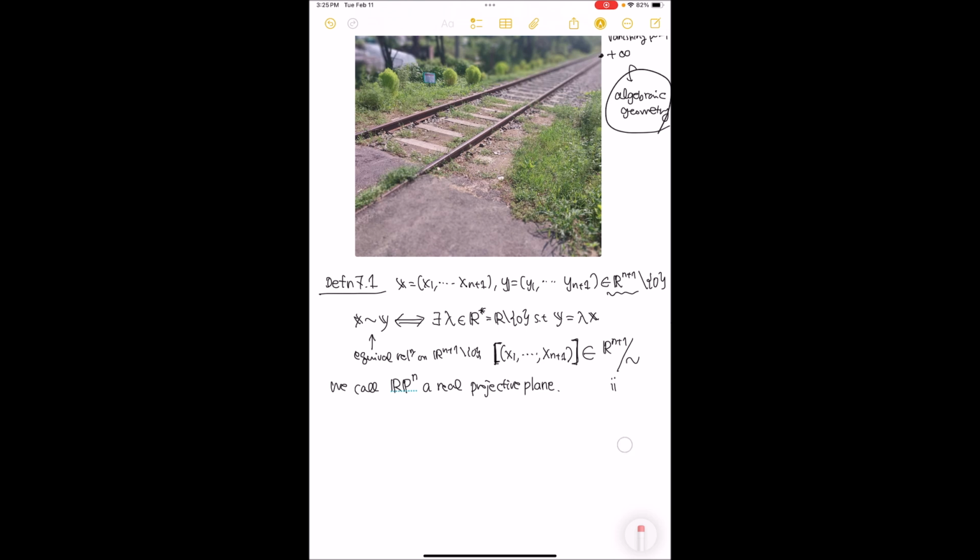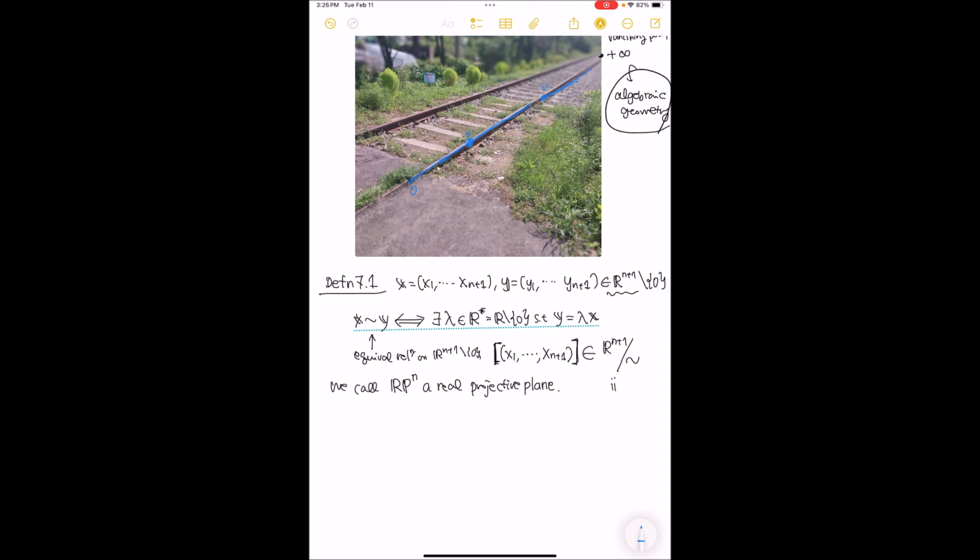That means, roughly speaking, if I take two points and find a line which passes through the origin, the two points share the same line.